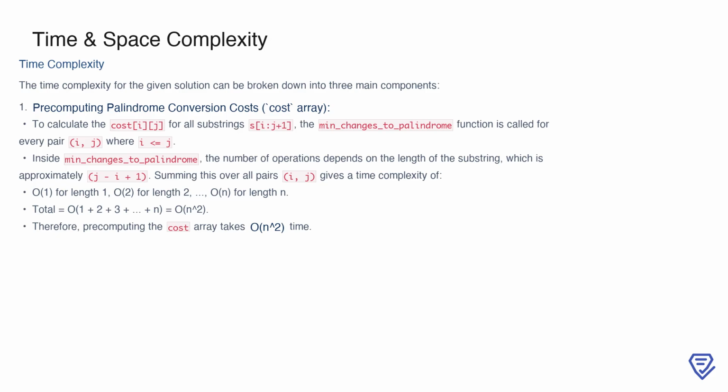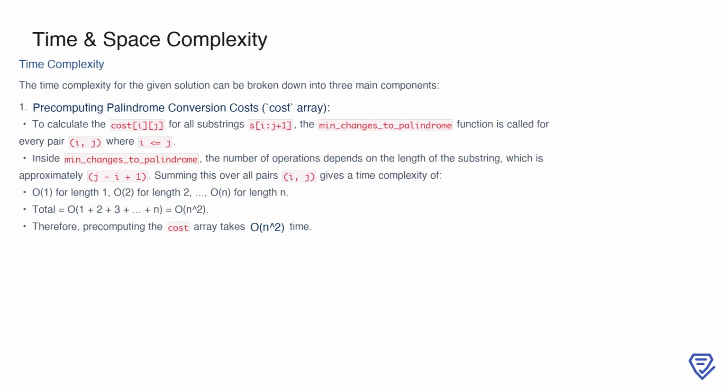To analyze the time complexity of our solution, we can break it down into 3 main components. First, we have the pre-computation of the palindrome conversion costs, which is stored in the cost array. For each pair of indices i, j, where i is less than or equal to j, we calculate the cost of converting the substring s[i:j+1] into a palindrome. This involves using the min_changes_to_palindrome function, where the time taken depends on the length of the substring.